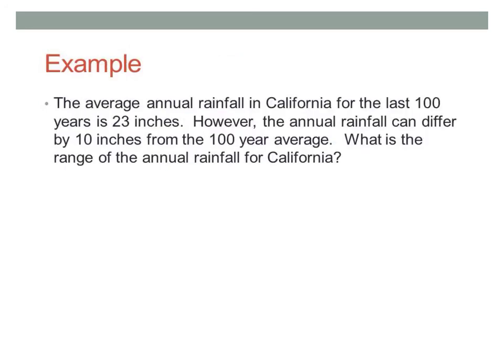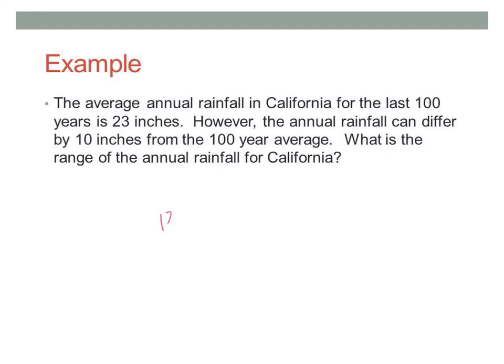Okay, and here's our last example for the day. The average annual rainfall in California for the last 100 years is 23 inches. However, the annual rainfall can differ by 10 inches from the 100-year average. So what's the range of annual rainfall in California? So range would mean we need a low value and we need a high value. So what's the low end that the amount of rainfall could be?